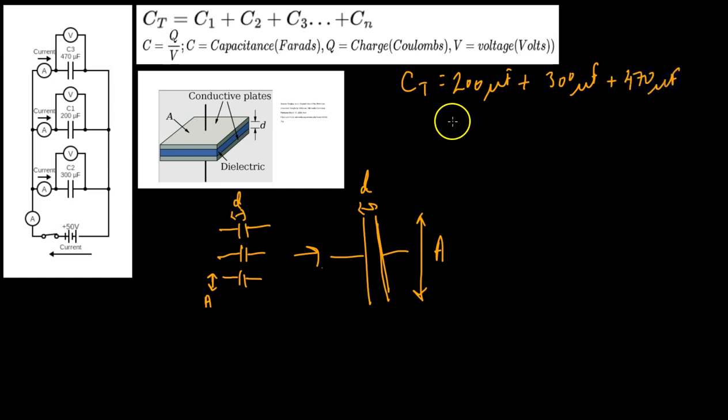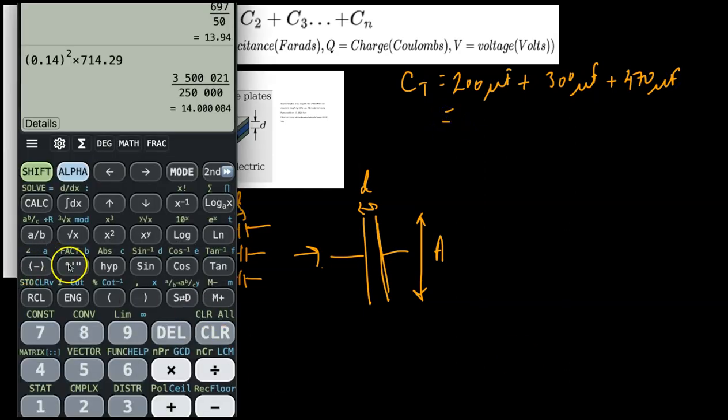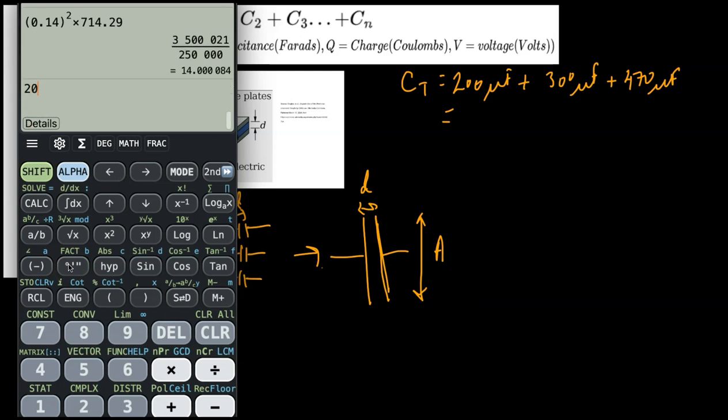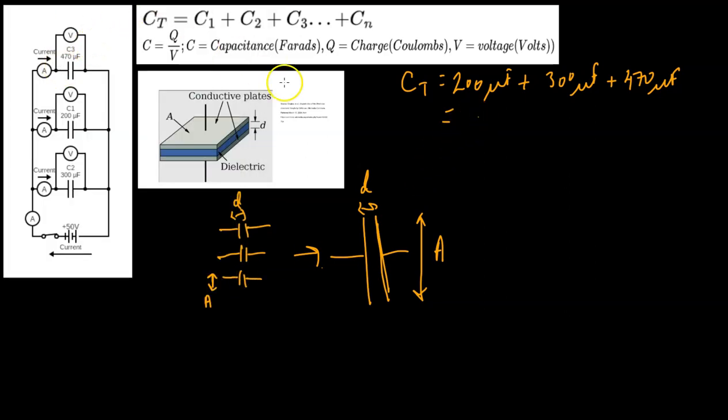Okay, so now, let's bring up the calculator. We've got 200, we've got 300, we've got 470. And what does that give us? It gives us 970 microfarads of total capacitance. That's the total capacitance of this here.